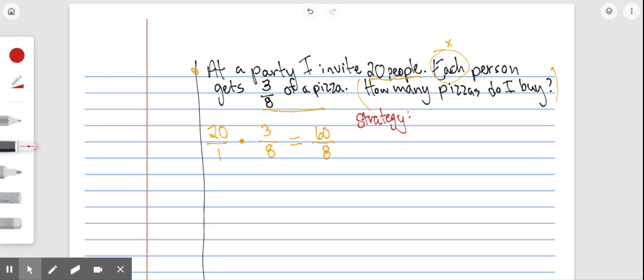So 60 over 8, this is a fraction, but fractions are, I'm going to put this as a star, and in fact, I'm going to put it over here too. Fractions are division problems. And I'm going to explain that really quick. So fractions are division problems. Do you remember how I said when you're typing a division sign into your keyboard and you're putting it in the group chat, you use like the / button?